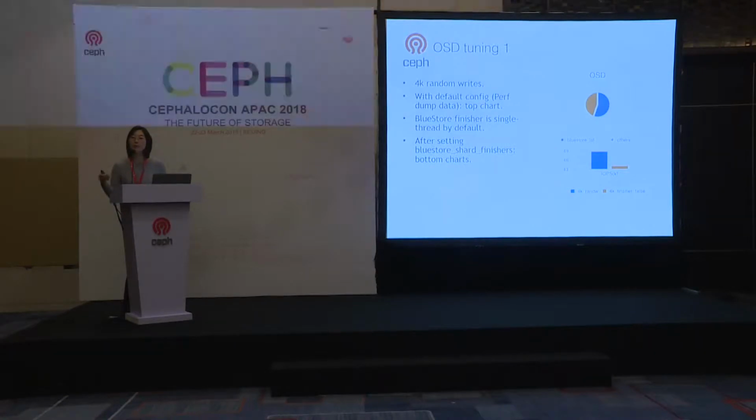From the perf dump data, I found that the queue is long and the latency is high in the BlueStore finisher. So I made the BlueStore finisher multi-thread, and I did the test again, and then I get the bottom chart: the IOPS increased.